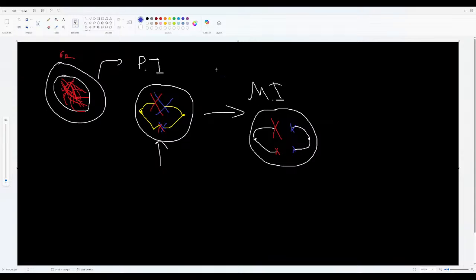And then we proceed as normal, right? We have anaphase 1, where we're separating these chromosomes.